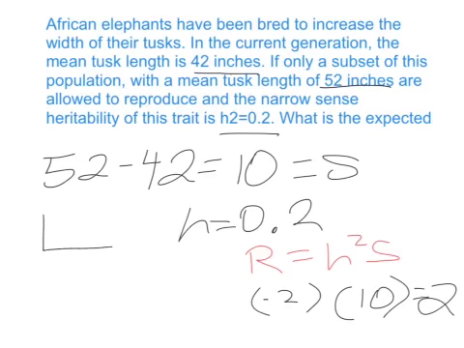Okay, so let's draw out this graph. It might make it easier for us. It's 52 average, and in this new offspring generation, we would have 54.